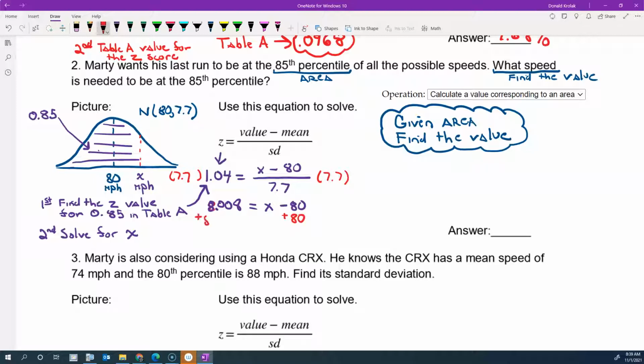And if you're familiar with the movie, that's how fast he had to go in order to jump time. Miles per hour.